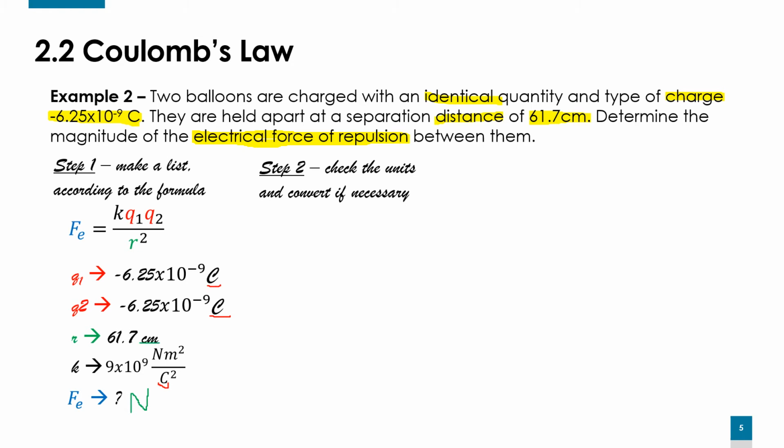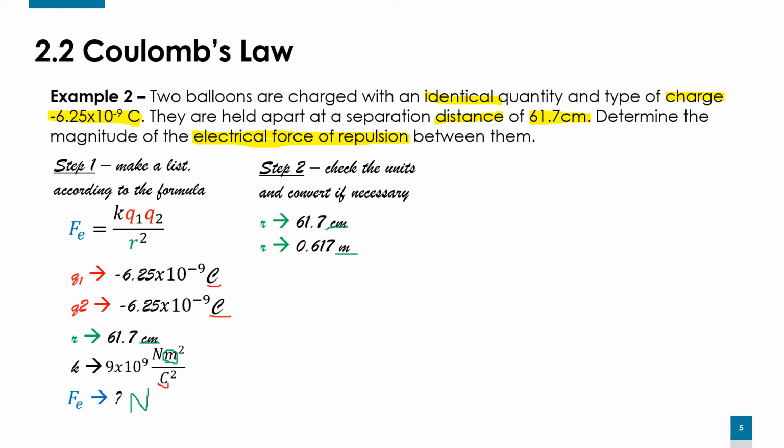Is this fine? No, it should be in meters. So what am I going to do? I'm going to convert it. If my distance is in centimeters, I need to convert to meters. So my distance will be 0.617 meters, okay? Really important.